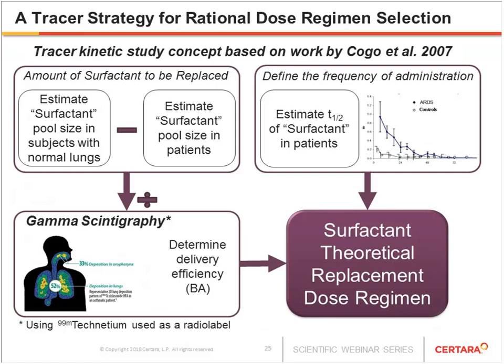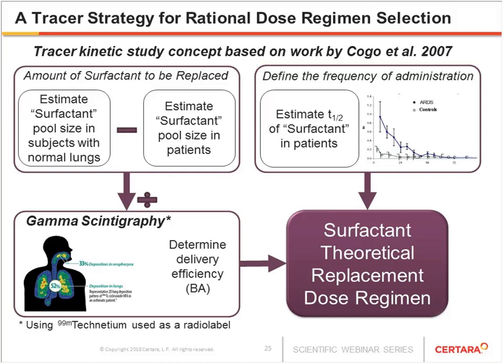Also, with the tracer kinetic data we would obtain, we would be able to have an estimate of the half-life, or even model the data to then simulate a regimen that we would apply in a future clinical study. And then, to further complete this picture, we were planning to do a gamma scintigraphy sub-study that would allow us to understand the efficiency of delivery of our device with respect to the surfactant deposition in the lung.